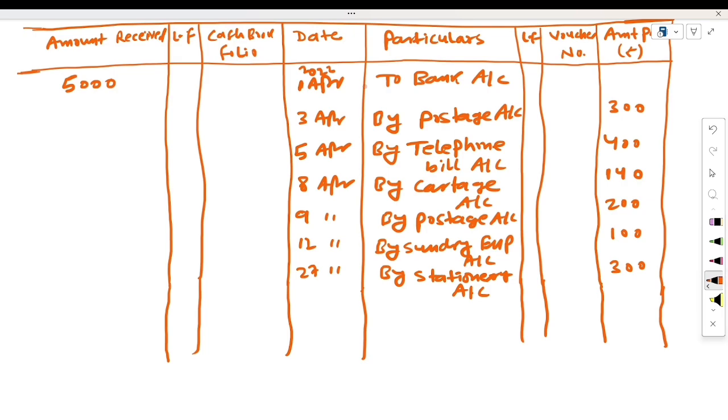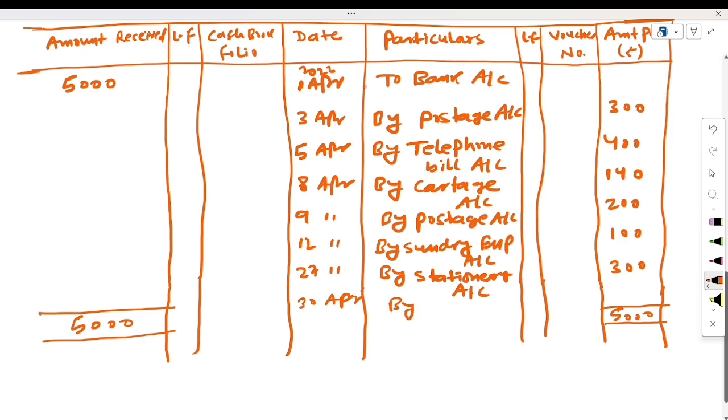Now what we have to do? We have to balance as usual. How much is the total amount? The total amount here is 5,000. The total payment amount, you can write here also 5,000. On 30th April, your month will end with balance c/d. How much would the balance be? You have to add the payment total and subtract it from 5,000.